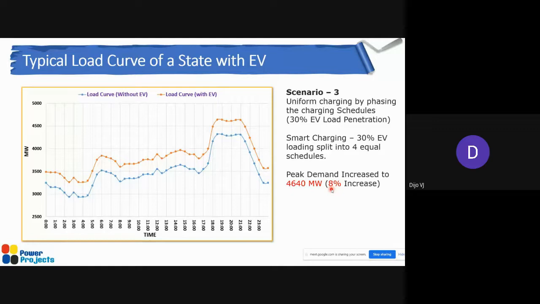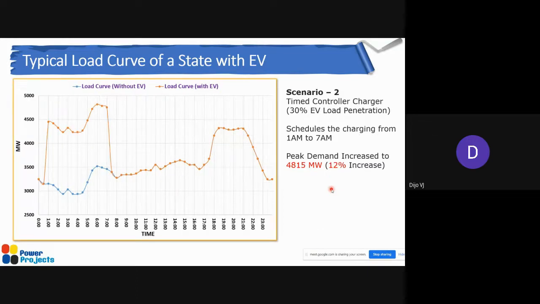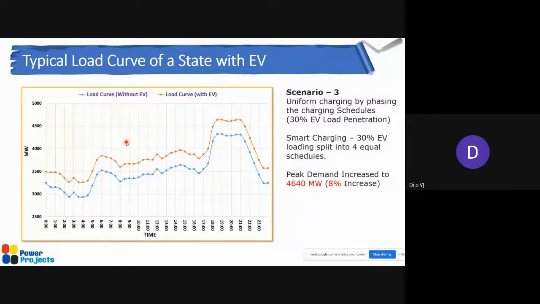All these three scenarios can be considered extreme scenarios, but utilities have to come up with some policies, like giving incentives to those who charge during morning time, or some kind of scheduling needs to be done. Then the overall power requirement will be much lesser.